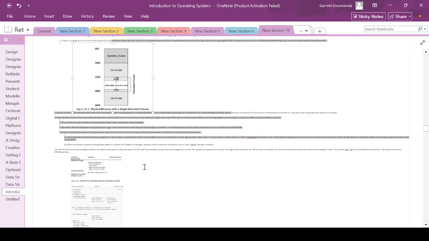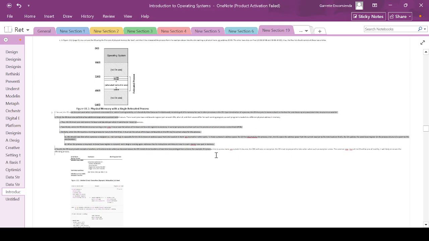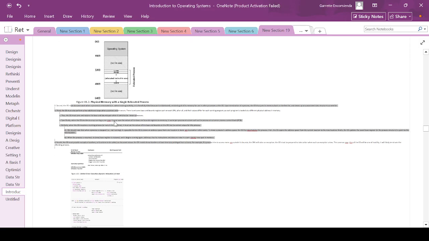Second, the OS must do some work when a process is terminated, when it exits gracefully or is forcefully killed because it misbehaved.